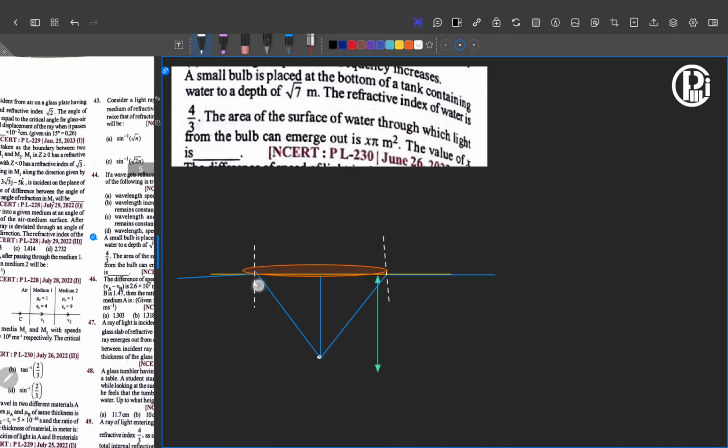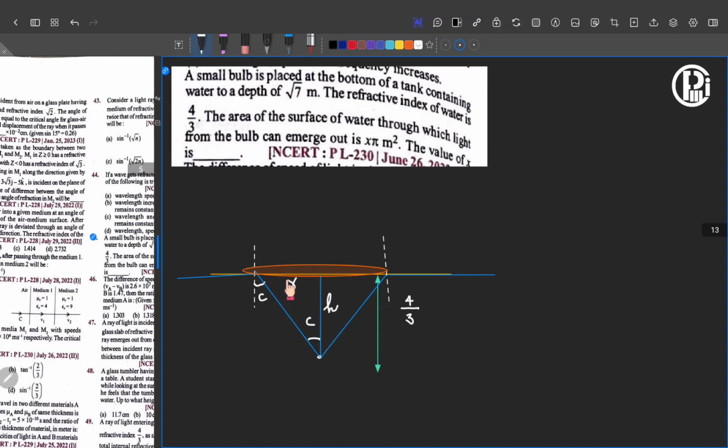Let's say this angle is C. The critical angle is incident at the interface, so this angle is also C. The refractive index of water is 4/3. Therefore we can use sin C, and we need to find the radius here. We already know the height, which is root 7 meters.